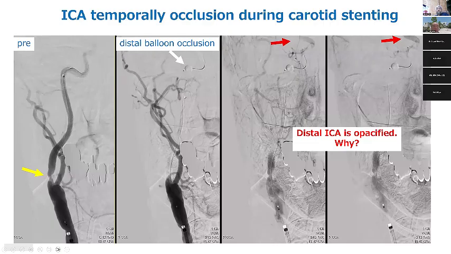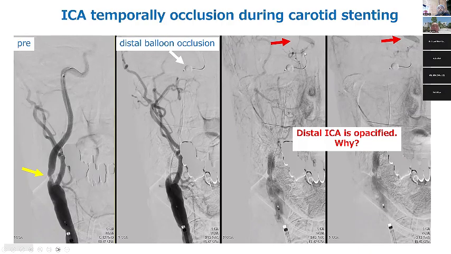Under this occlusion, we inject the contrast, and the ICA is completely occluded, and the ECA is opacified. In the third and fourth films from the right, you can see the opacification of the distal ICA here.